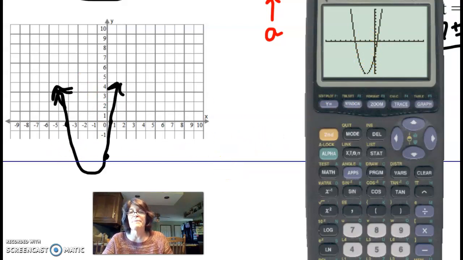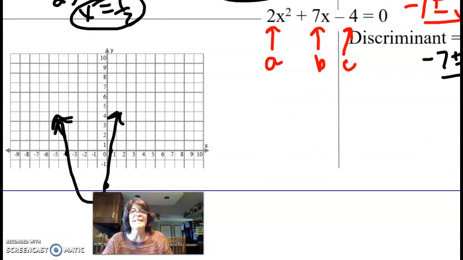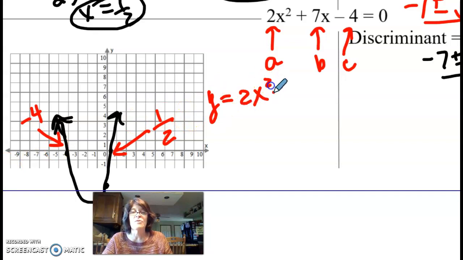I just want the sketch because what I want you to see are the x-intercepts, just like with a line. I'm going through the x-axis at a half and at negative 4. This is the graph of y equals 2x squared plus 7x minus 4.